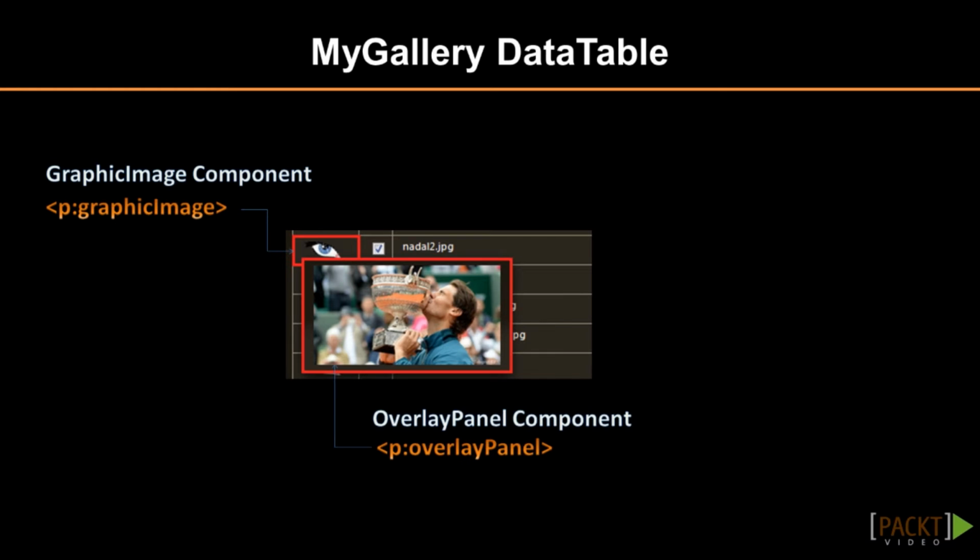Next, we need the PrimeFaces overlay panel component, which is a generic container able to overlay other components on the page. It supports a custom position, events, effects, and lazy loading.